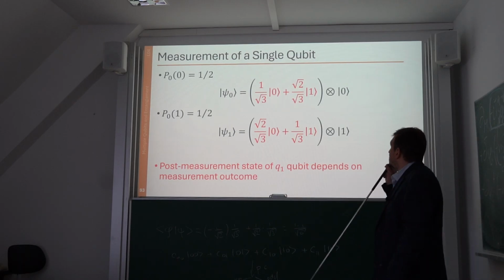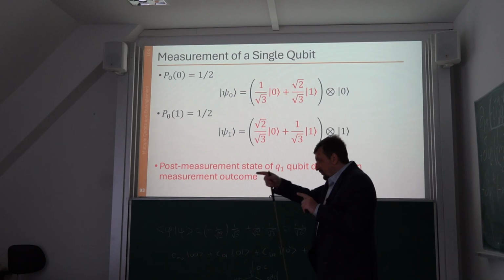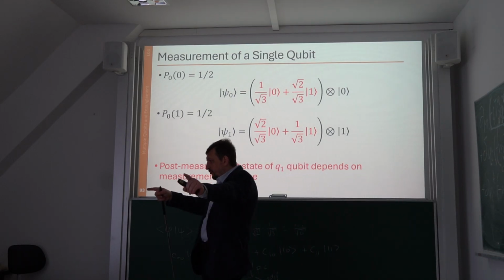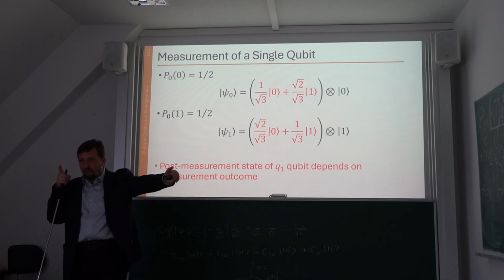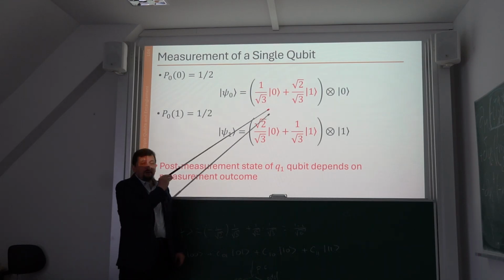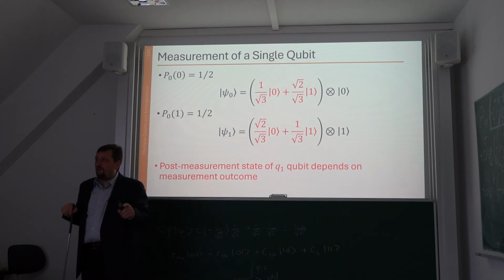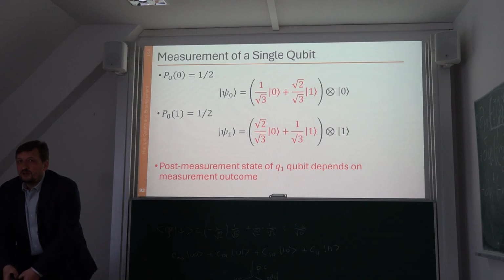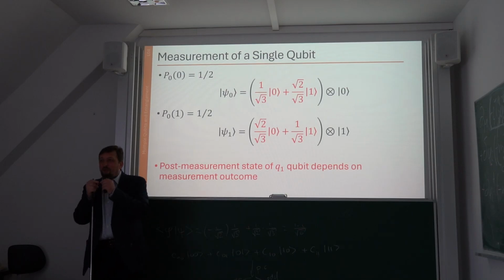So for the post-measurement state, I have two qubits. I measured one qubit. I didn't do anything to the other qubit. But depending on the outcome of the measurement, the state of this qubit is different. And when we are talking about two qubits inside a quantum computer, that's kind of fine. But we can talk about photons.